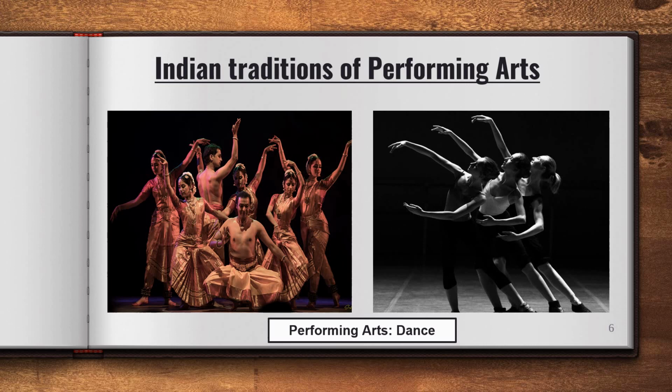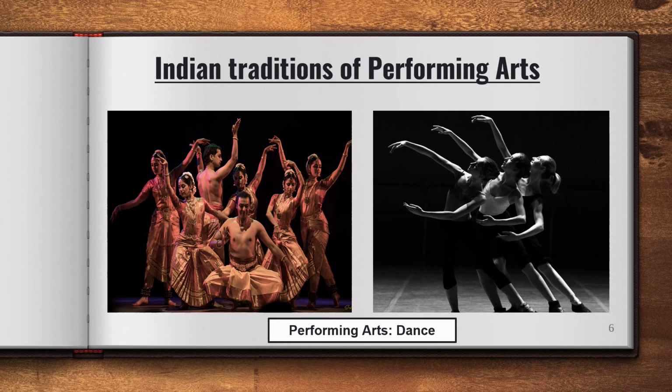The two main schools of classical music, that is, Hindustani and Carnatic music, continue to survive through oral traditions being passed on by teacher to disciples. Dance in India has an unbroken tradition of over 2000 years.